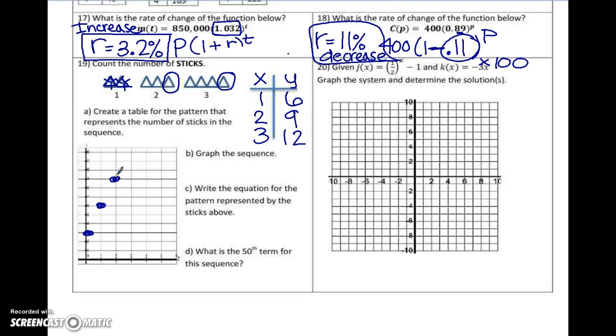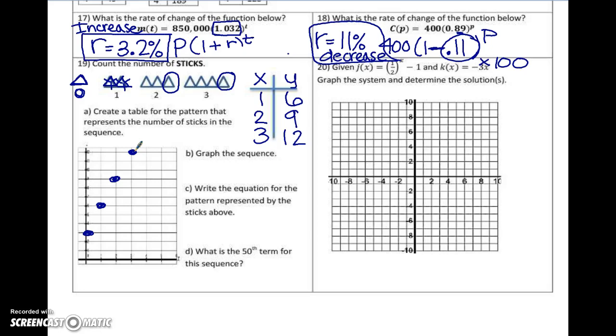Yeah, we didn't really have that one, but there is a pattern, right? It's adding 3 every time. So if there were a 0, 1, you'd have 3 sticks in it. And then also the last one, 3, 12. So there's your graph.